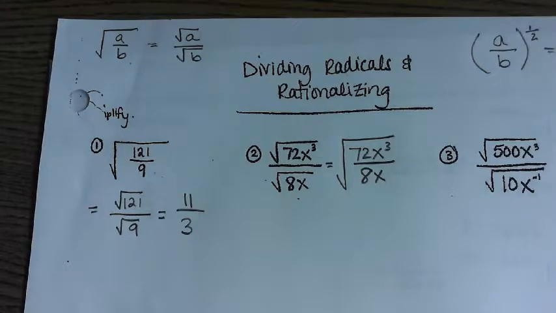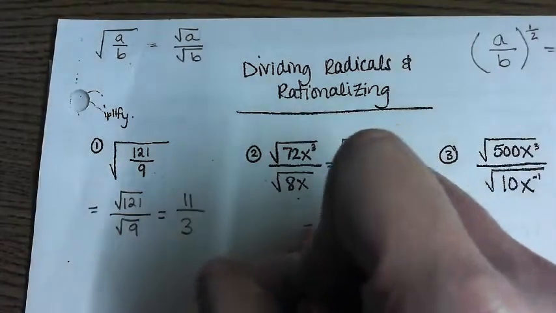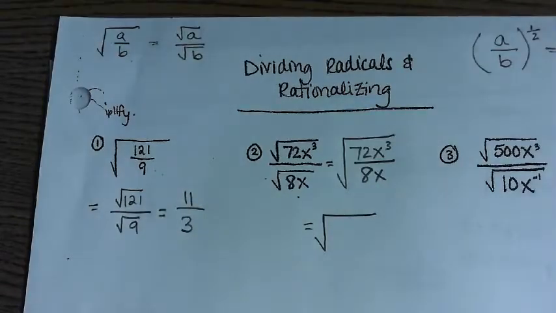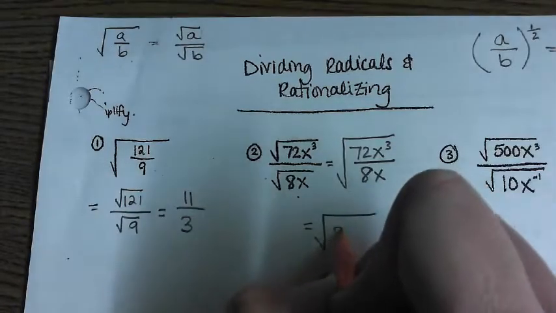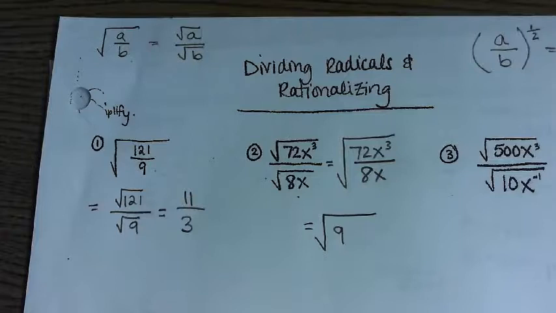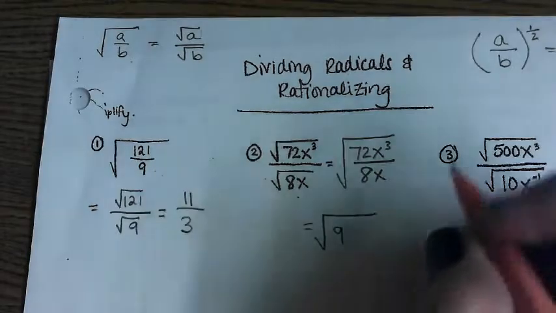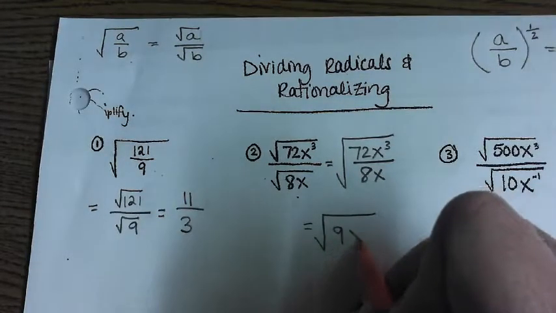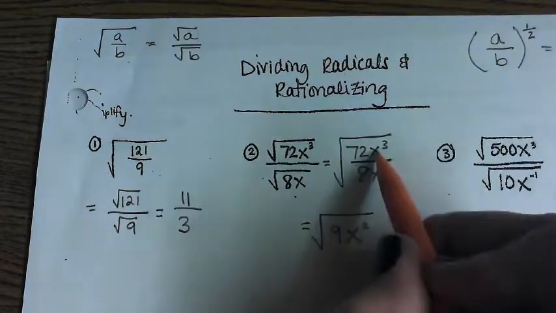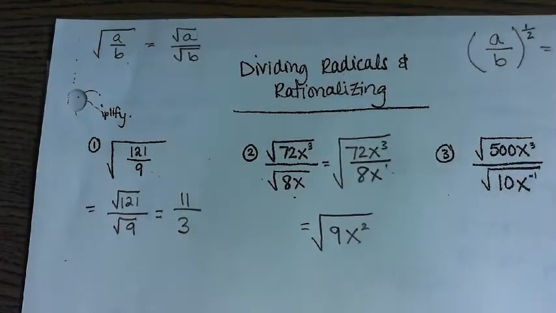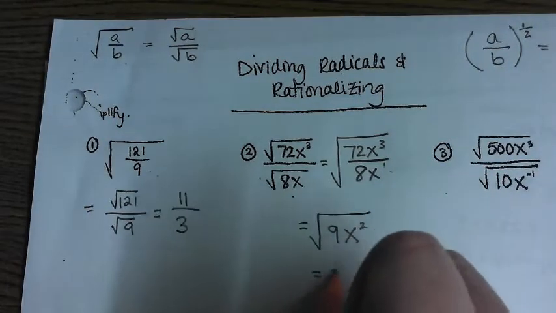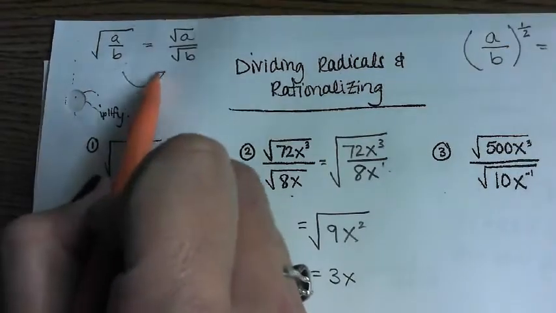Simplify the fraction, right? So 72 divided by 8, it's all still going to be under a radical, but 72 divided by 8 is 9, and x cubed divided by x is x squared, right? Your exponent rules. If you're dividing common bases, we subtract the exponents. And now this is really easy, right? What's the square root of 9x squared? 3x. So it works both ways.